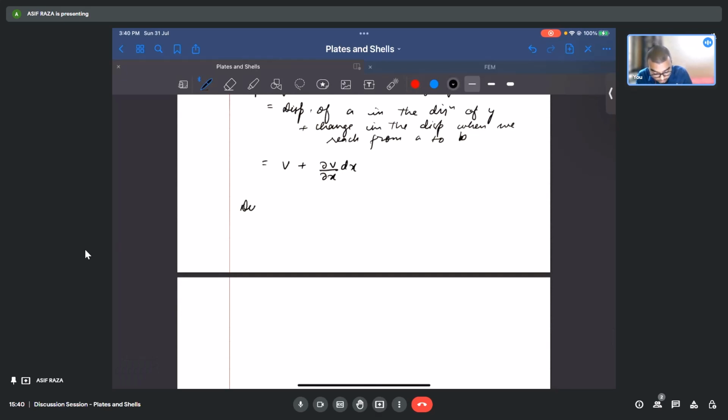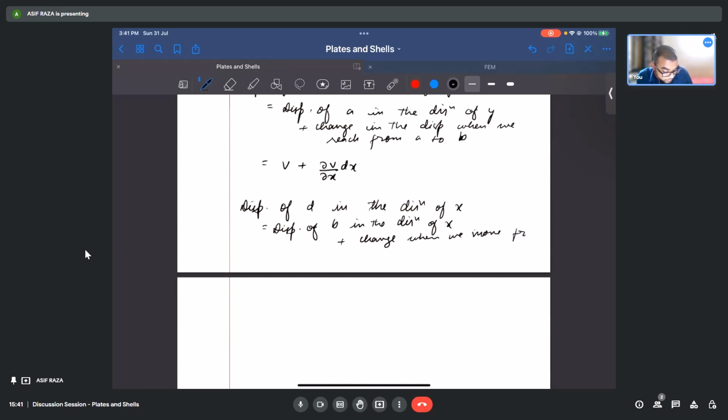The displacement of D in the direction of x would be the displacement of B in the direction of x plus the change when we move from point B to D.